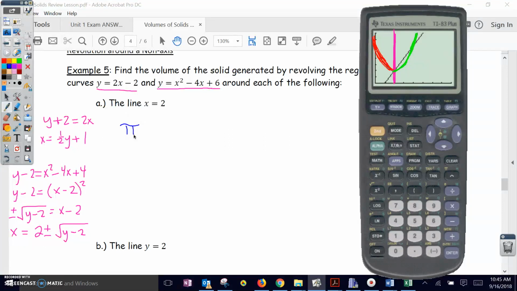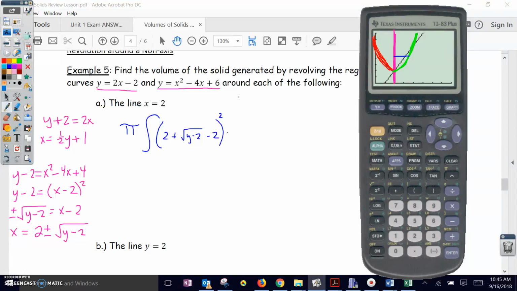I've got pi times the integral from one end to the other. We'll find those intersection points in a second. Of the outer radius. The outer radius is the distance from this green curve over to the axis of rotation. In order to find that distance, I need to take the function for that green curve minus the location of the line. And the line is at x equals 2.